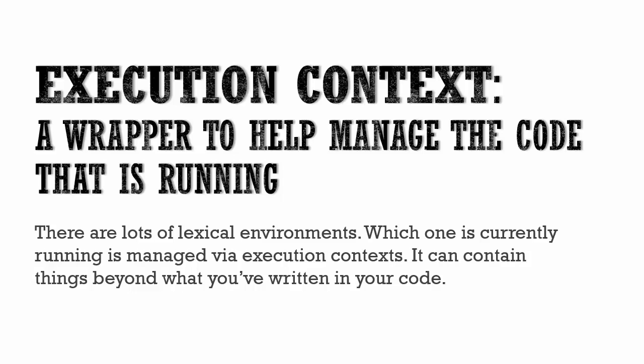And an execution context contains your code, the running code, it's running your code, but it also can contain things beyond what you've written in your code. Because remember, again, your code is being translated, being processed by a whole other set of programs that someone else wrote. And so it's executing your code, and it can do other things as well, and that's what's happening inside JavaScript.